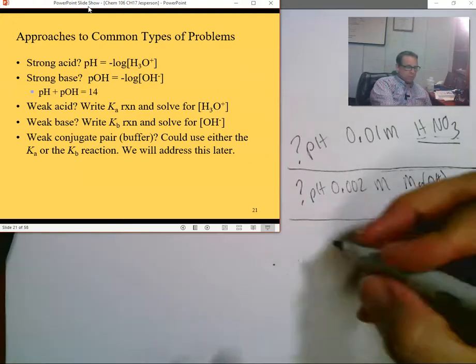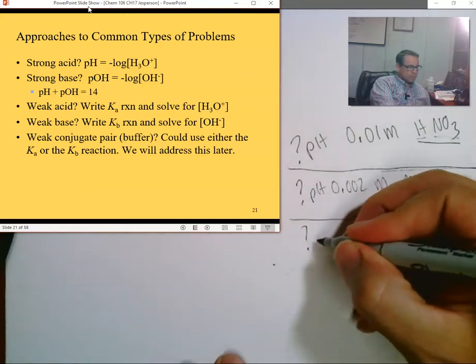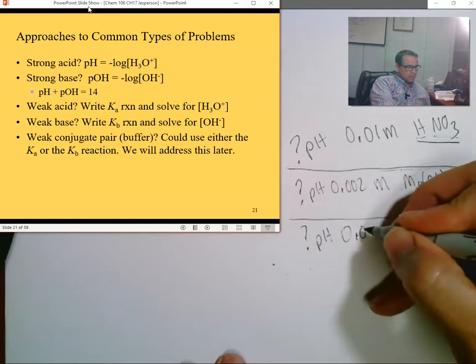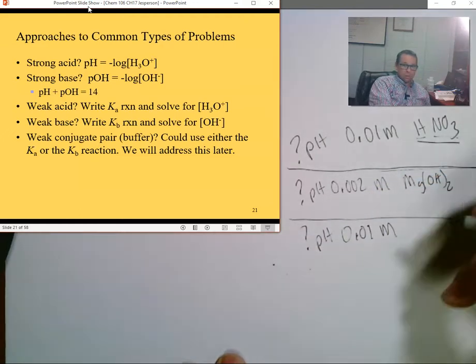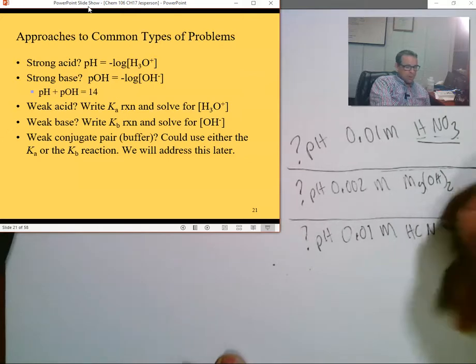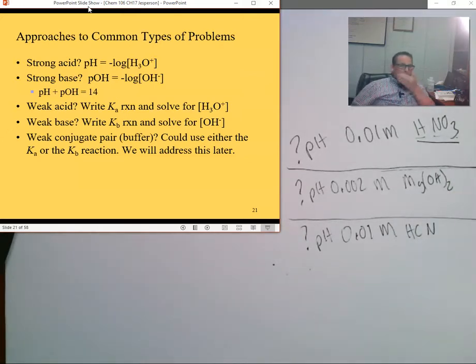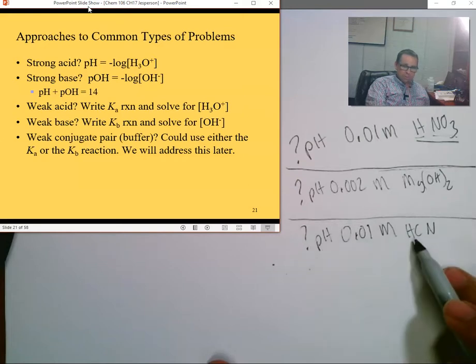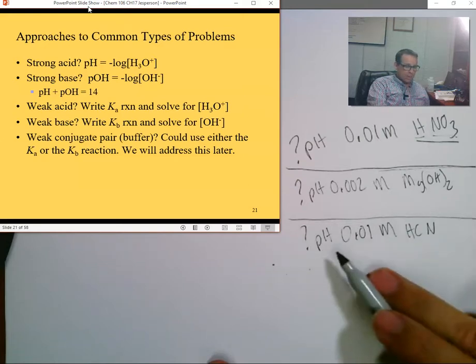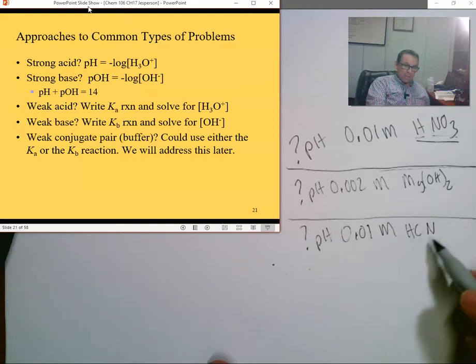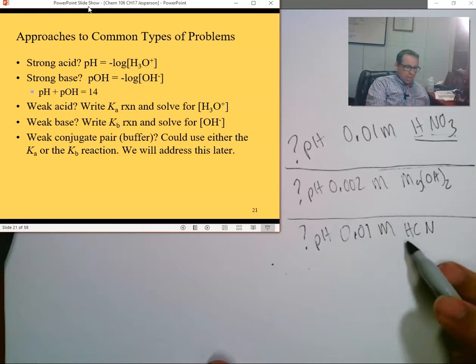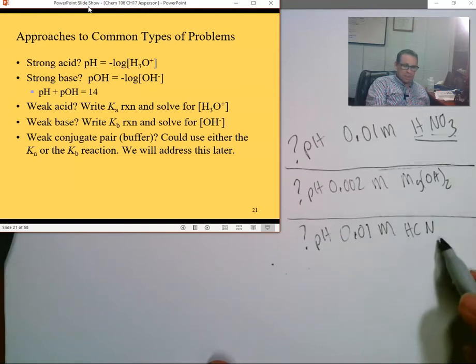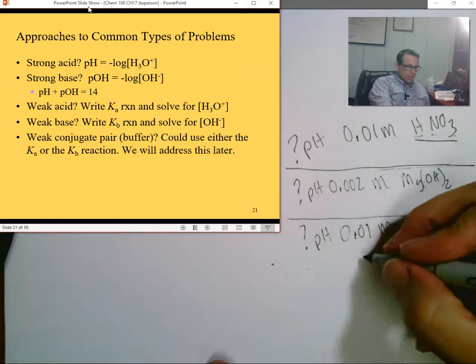If we're given a concentration of a weak acid, for example, what's the pH of a 0.01 molar solution of HCN? We can identify the hydrogen ion concentration, which is how we identify the pH, right? As soon as we find the hydrogen ion concentration, we can take the negative log of that, and that'll be our pH. But HCN's concentration is not the hydrogen ion concentration because HCN is not a strong acid, it's a weak acid.